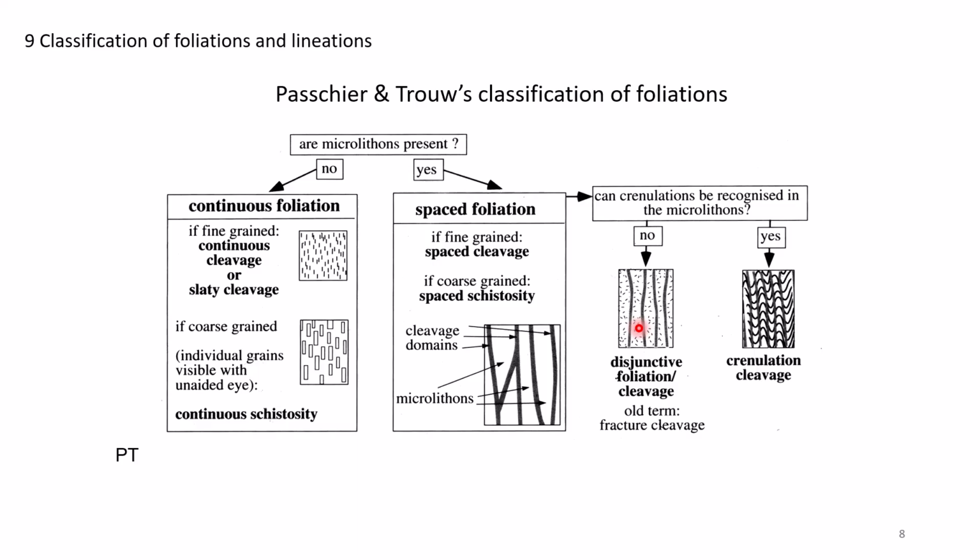Practically, there is no difference between a disjunctive foliation and simply a spaced cleavage. There are no differences in the texture and structure that we observe.